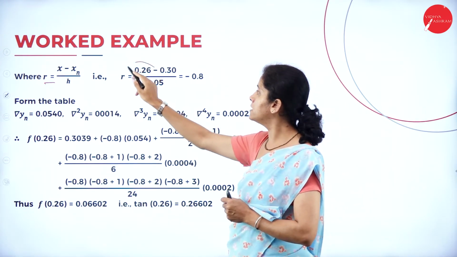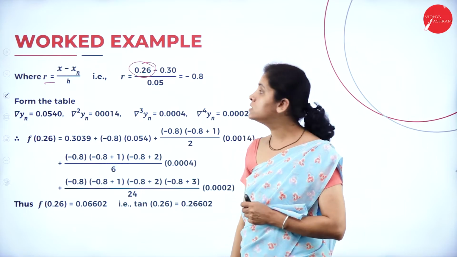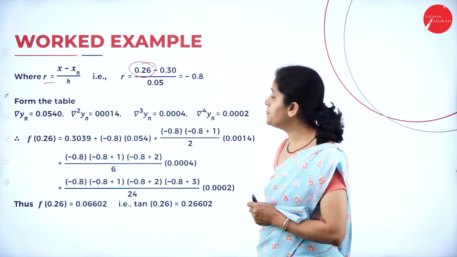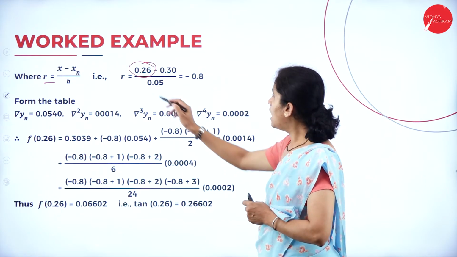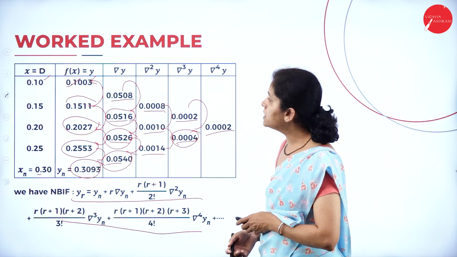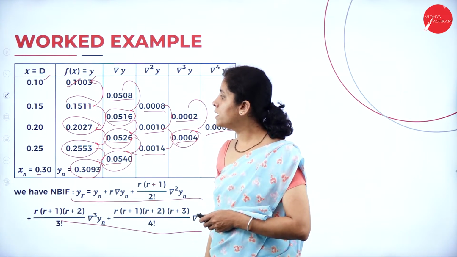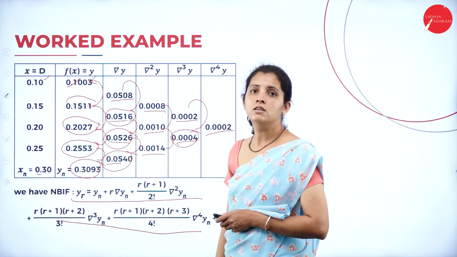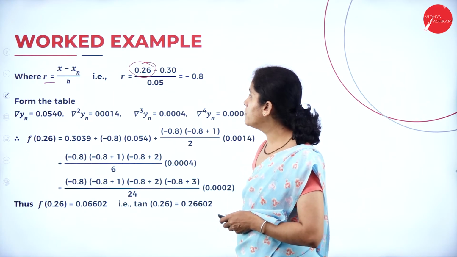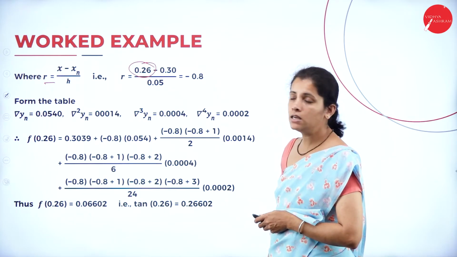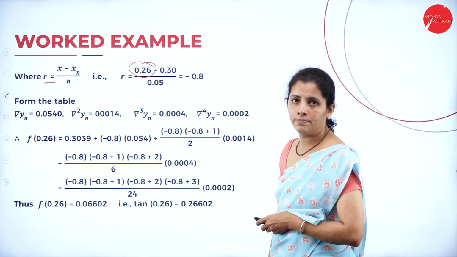X is nothing but 0.26 and xn is nothing but 0.30. And what is height? See here, if I consider the height, the difference I have is 0.5. Okay, and when I divide, I'm going to get minus 0.8.